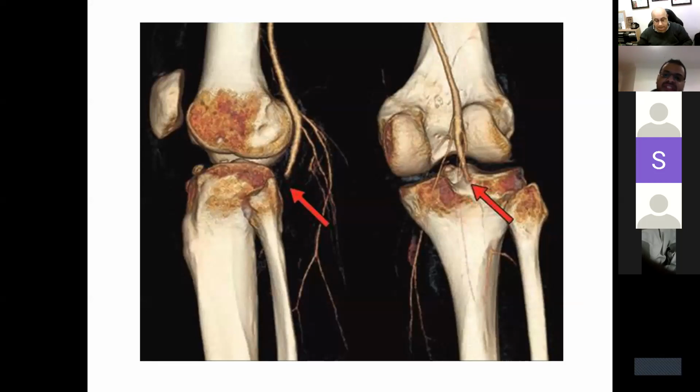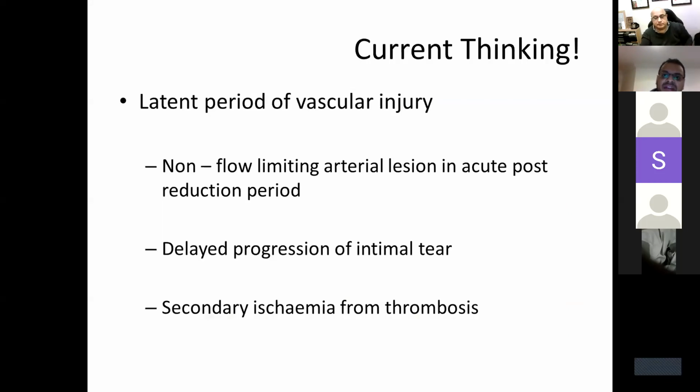This is what one could see when you undertake a CT angiogram, certainly in our institution. This is what we would be expecting to find. But the current thinking is that there is a latent period of vascular injury.